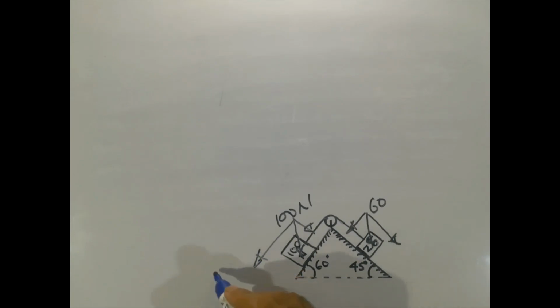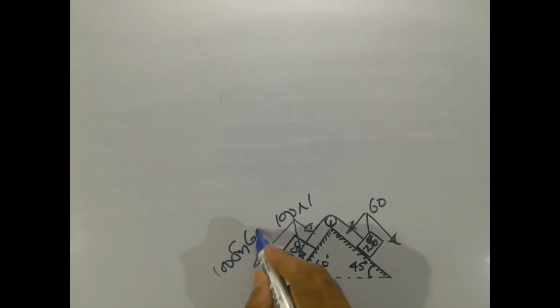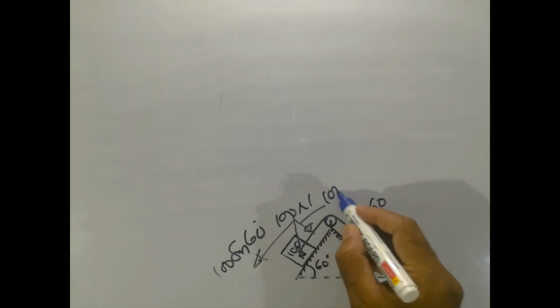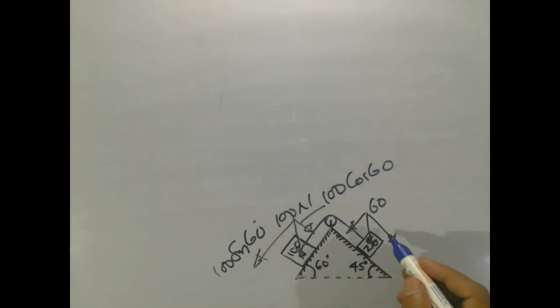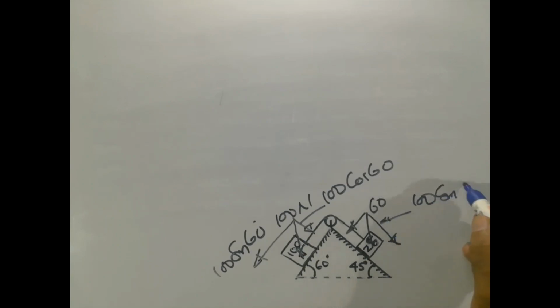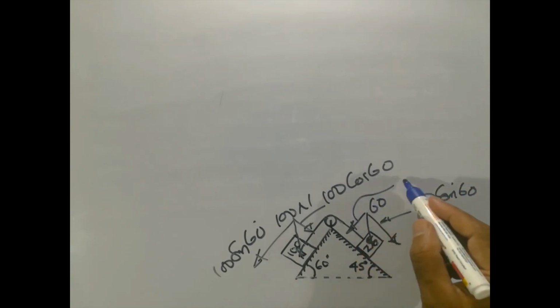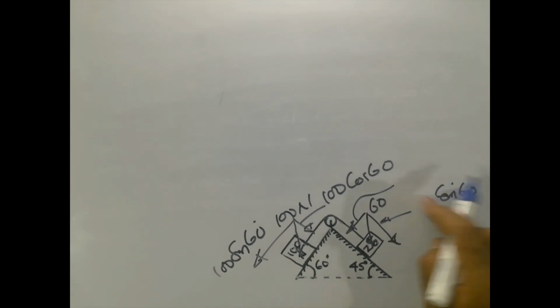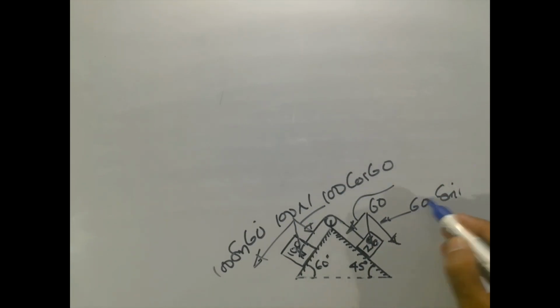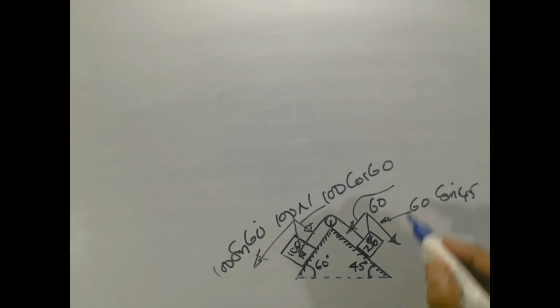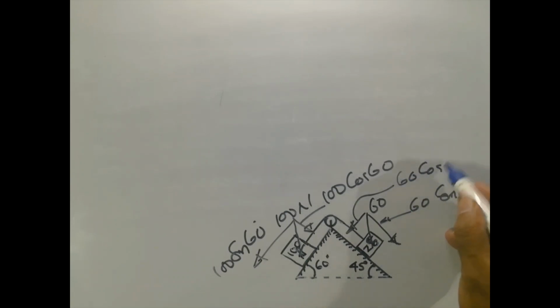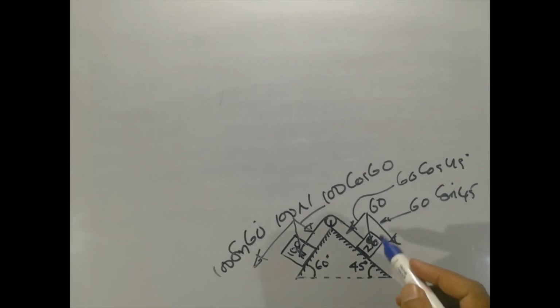So this component will be 100 sin 60 and this will be 100 cos 60, and for the other block this will be 60 sin 45, as the angle is 45 degree, and this will be 60 cos 45. So these will be the components of the weights acting on these blocks.